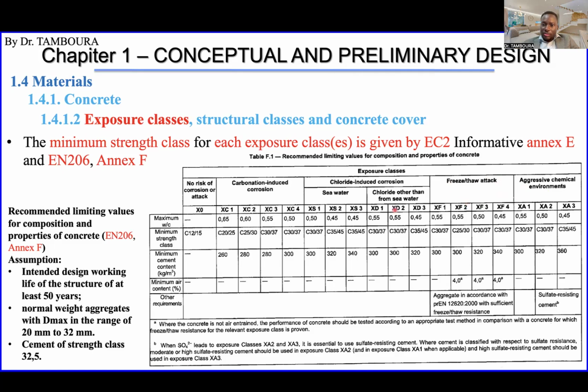Anyway, we did all these classes in the previous video. Please go back there if you forgot and try to remember the meaning of each of them. But what we are trying to do here is find the minimum strength of the concrete for each class of exposition.